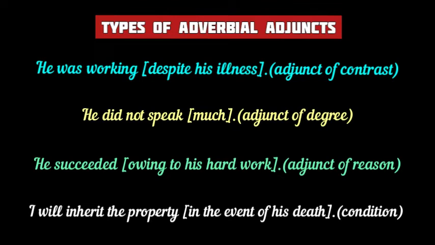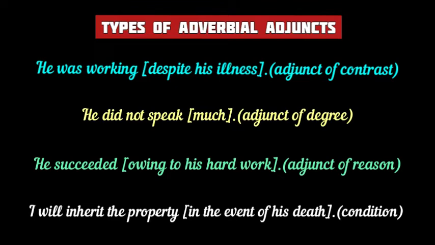He succeeded owing to his hard work. Here the phrase owing to his hard work modifies the verb succeeded by showing the reason thereof. No doubt, therefore, it is an adverbial adjunct of reason. In the last example, the phrase in the event of his death is the adverbial qualification modifying the verb inherit.